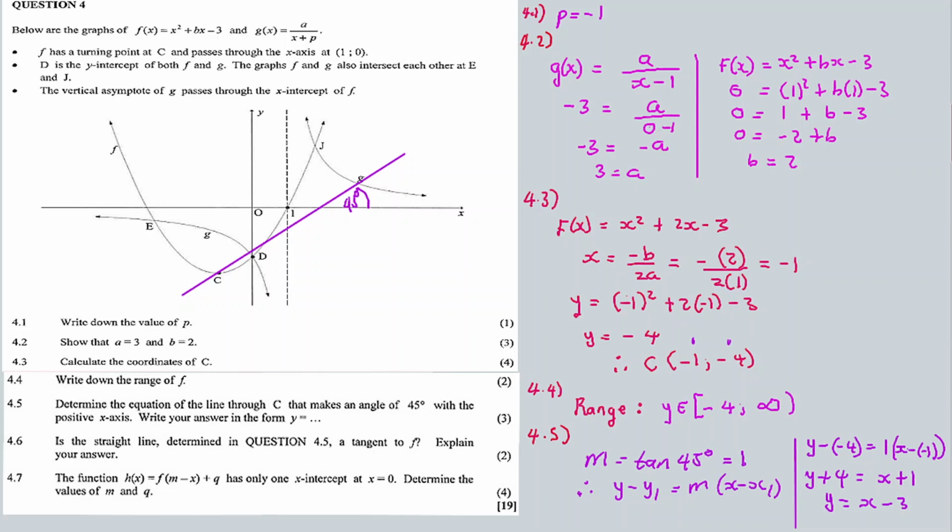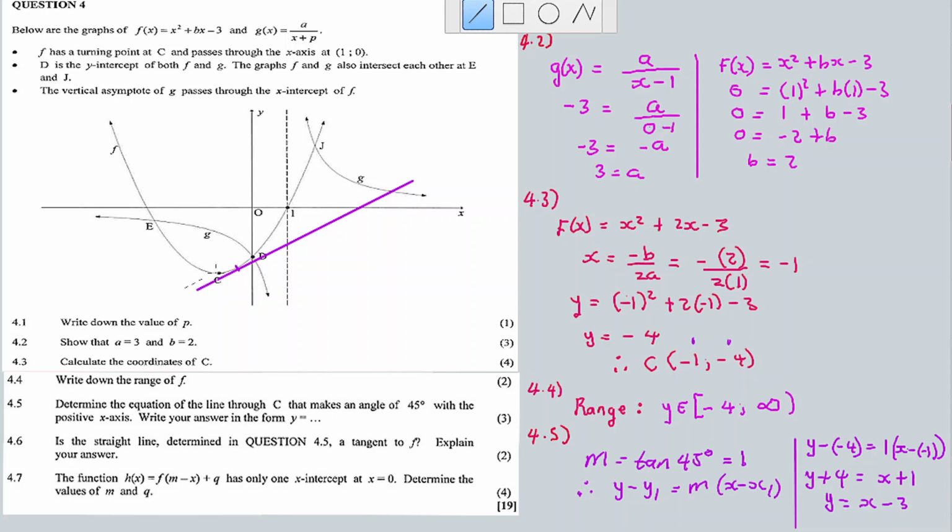What exactly is a tangent? We all know a tangent is a line that touches a curve at only one point. This is a tangent because it touches the curve at only one point.